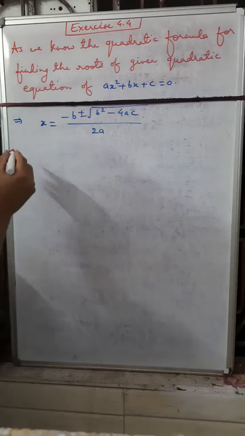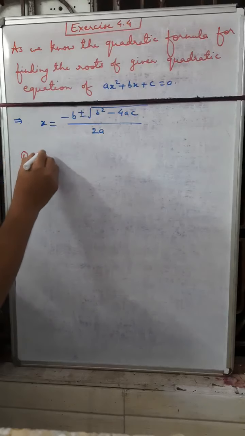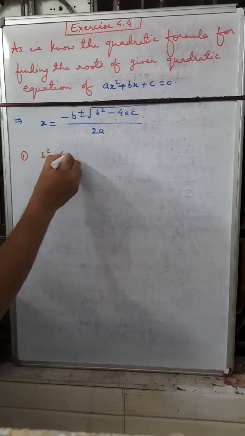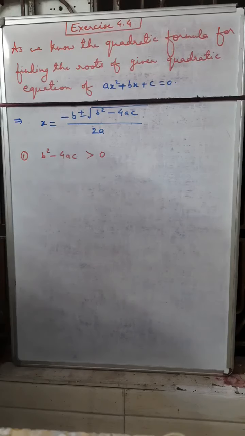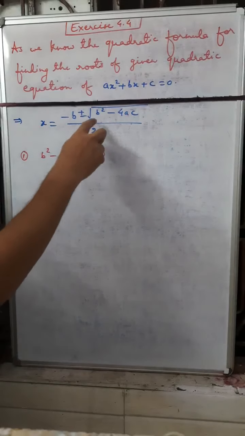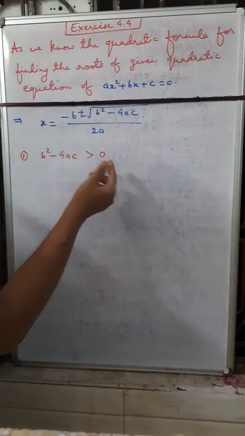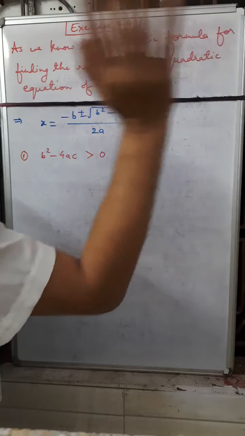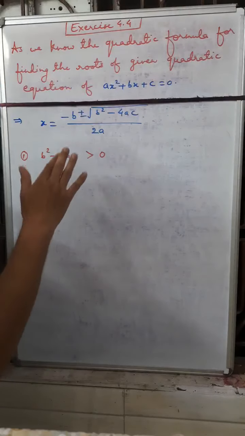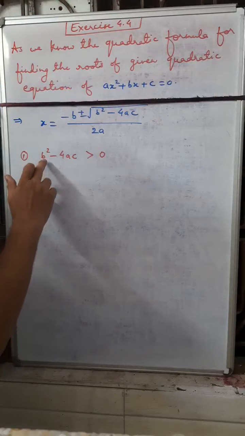Suppose b square minus 4ac is greater than 0. The first condition: b square minus 4ac is greater than 0. Greater than 0 means 1, 2, 3, 4, 5, 6, 7, 8, up to infinite values.